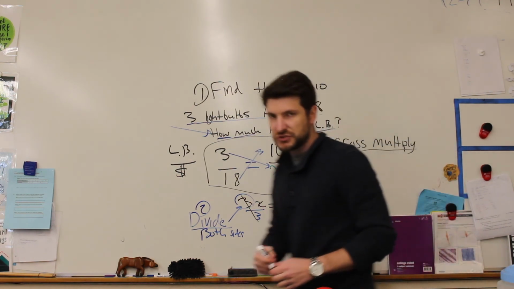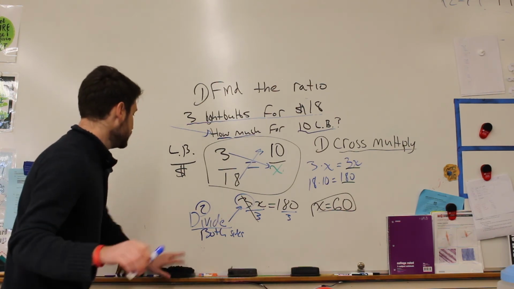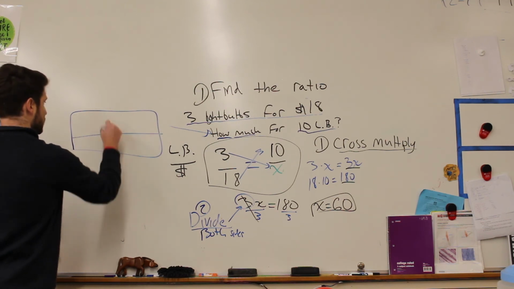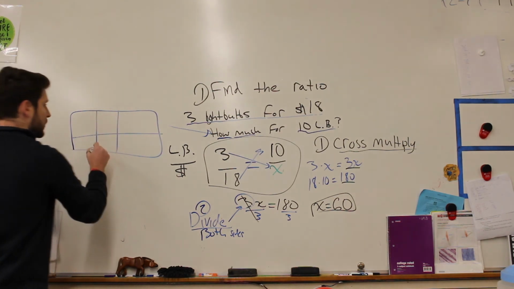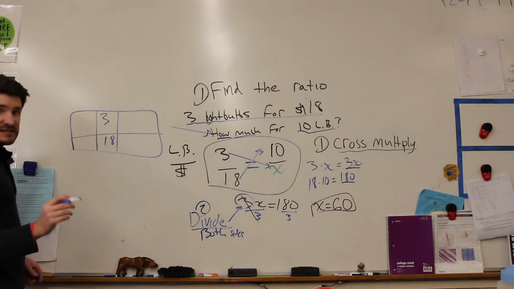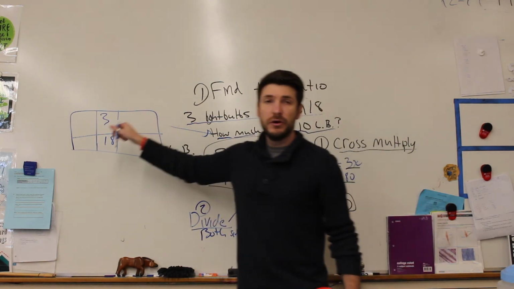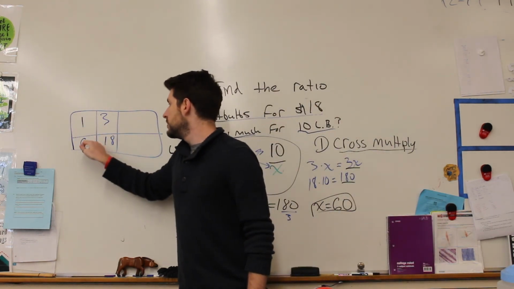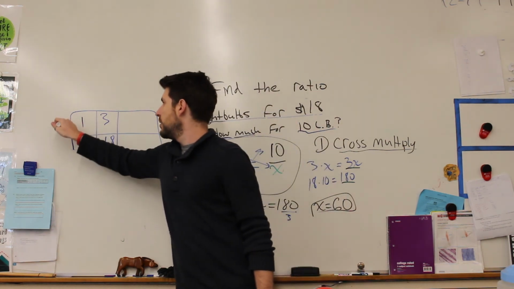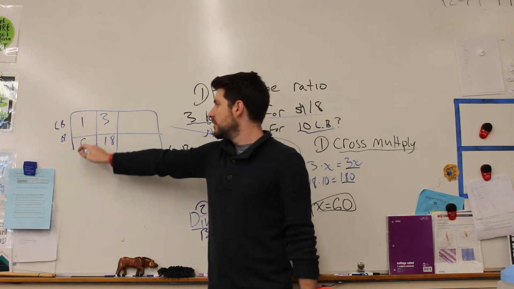And we know that's true because if we were to go back to our ratio table, 3 over 18 simplifies down to 1 for 6. Again, light bulb, money. 1 over 6.